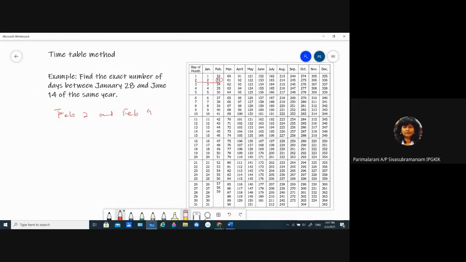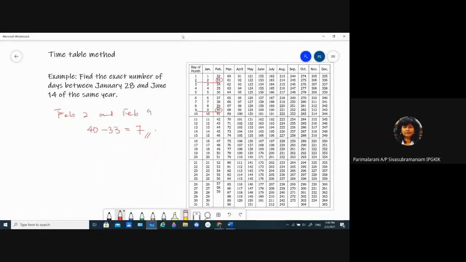And then we search for February 9. February 9 is 40. So the time between dates is 40 minus 33. What is that? 7. Correct? So the time between dates between February 2nd and February 9 is 7 days.